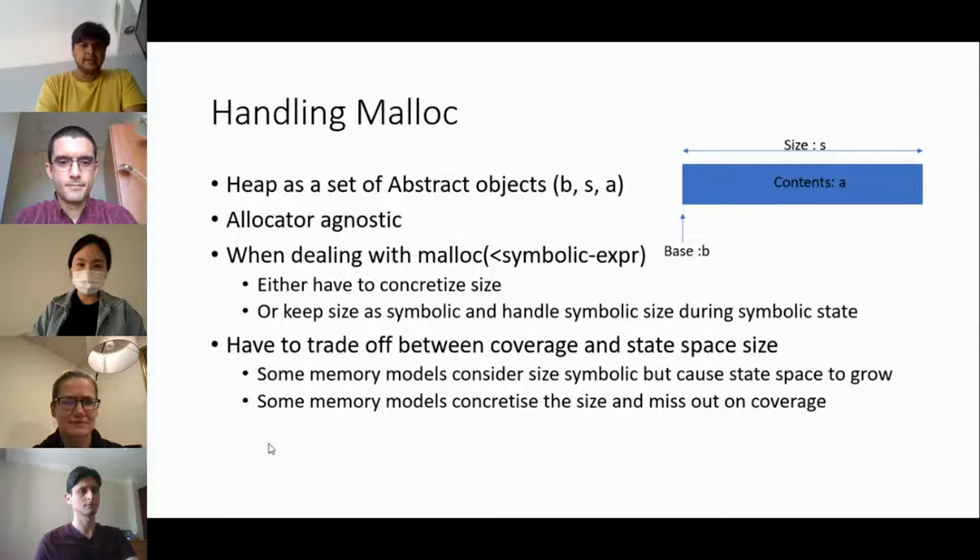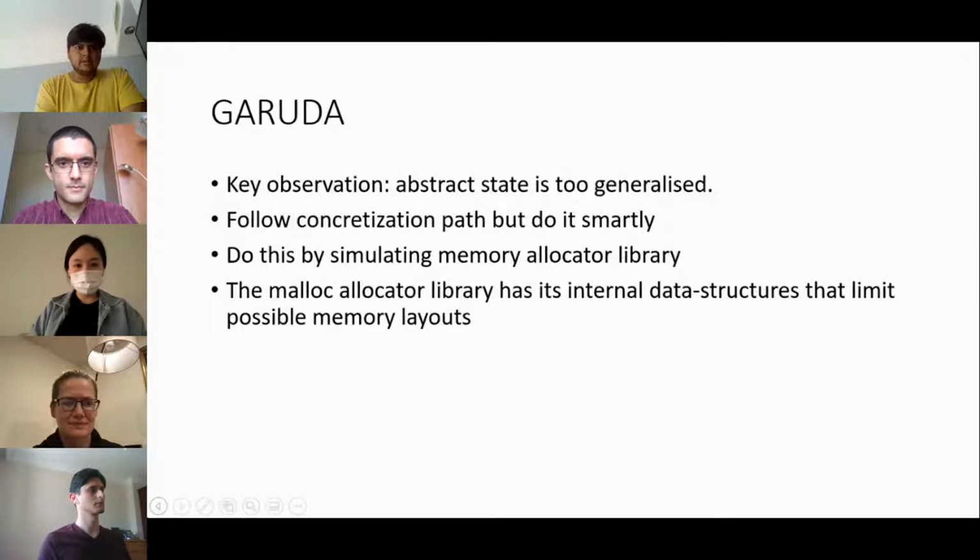So when we choose either of these, there's a trade-off between coverage and symbolic size.